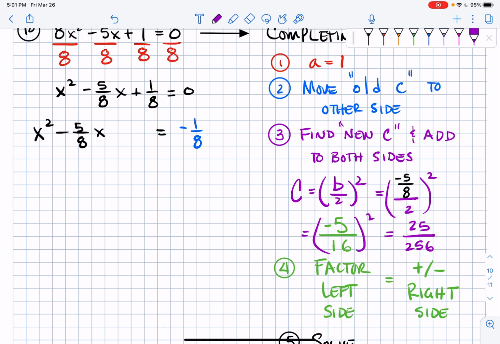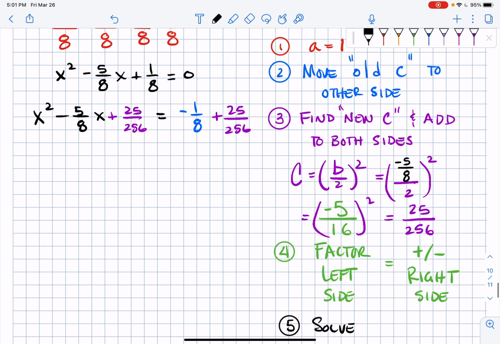So I have to add 25 over 256 to both sides. Okay? So the last one is to factor the left side.